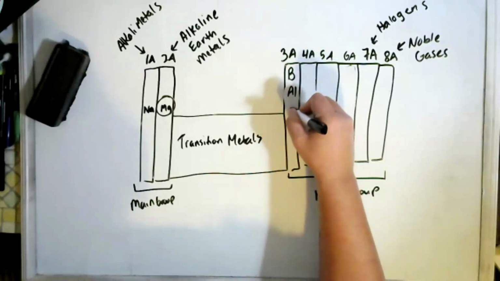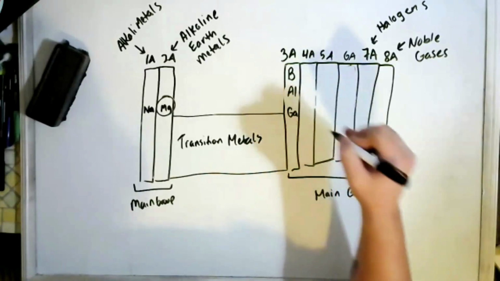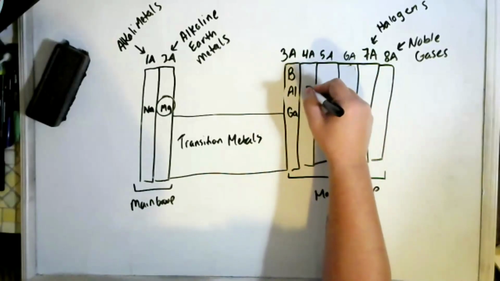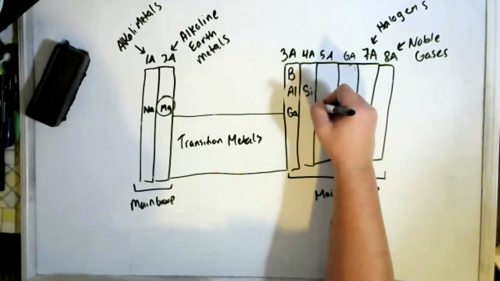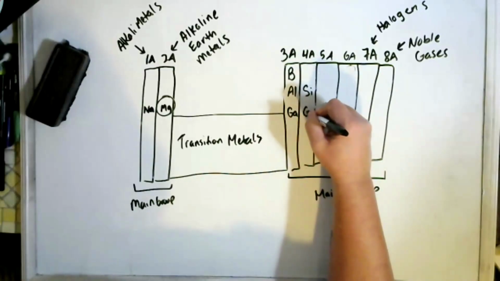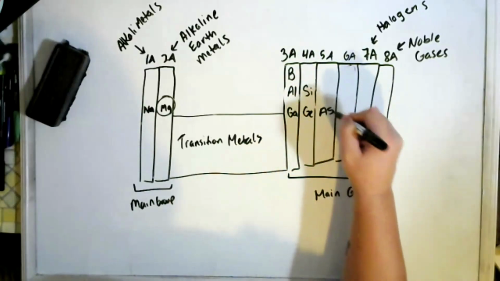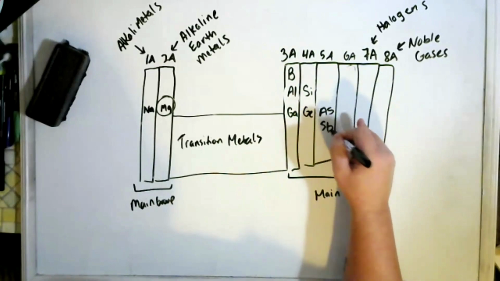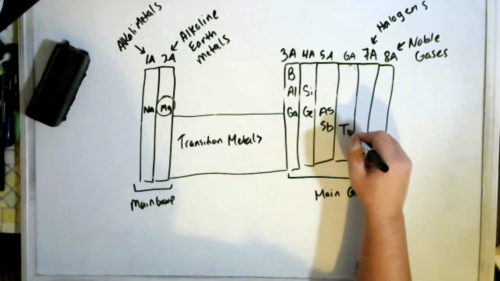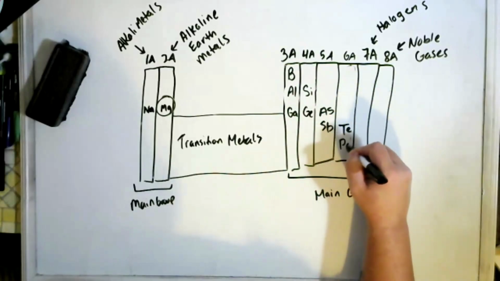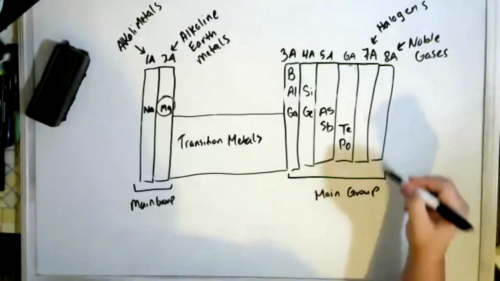Boron, aluminum, gallium, silicon, germanium, arsenic, antimony, tellurium, polonium.